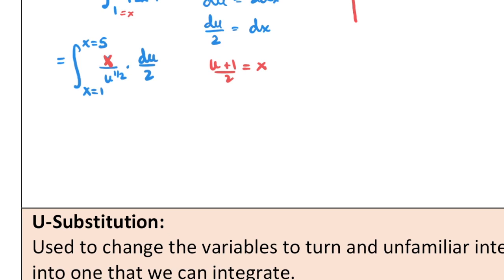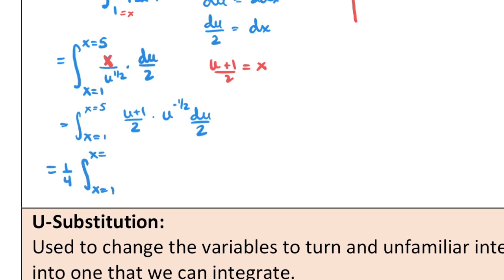So now we're going to substitute and get our x equals 1 to x equals 5. We have u plus 1 over 2 times u to the negative 1/2 du over 2. Simplify some more before I integrate. Remember, algebra makes this so much easier. Do your algebra as you go along.